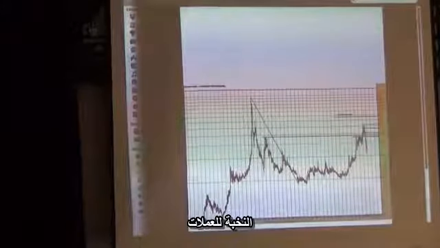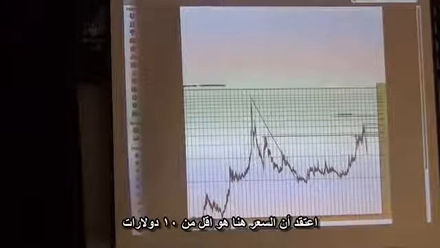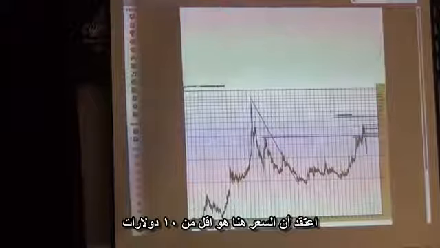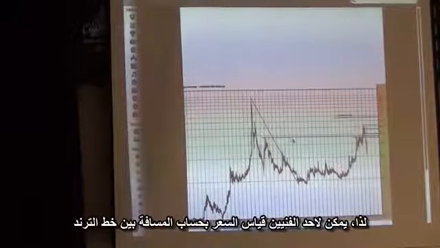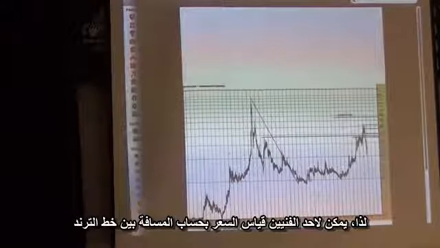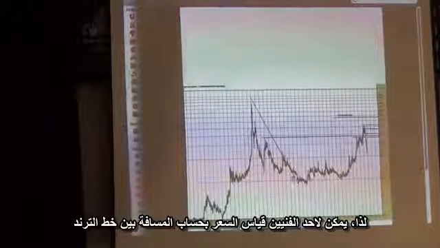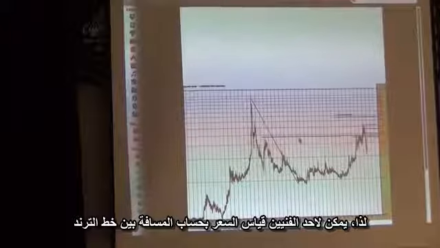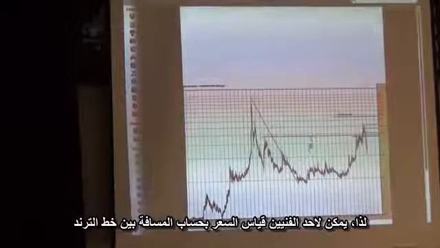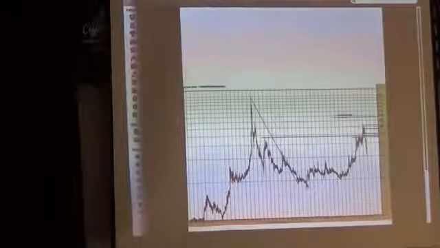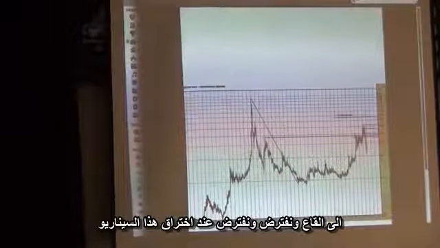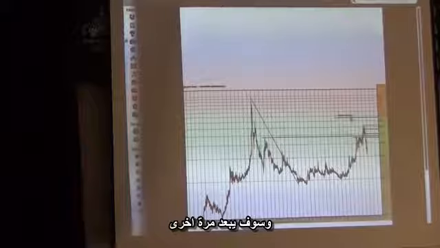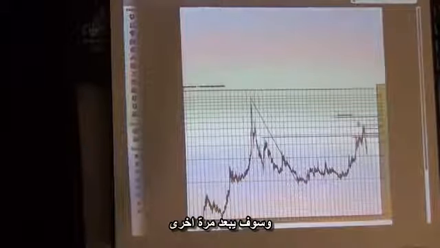I think the prices here were less than $10. One of the technicians' measuring points is to take the distance from this line to the bottom and assume that when this issue breaks out, it will go this distance again.